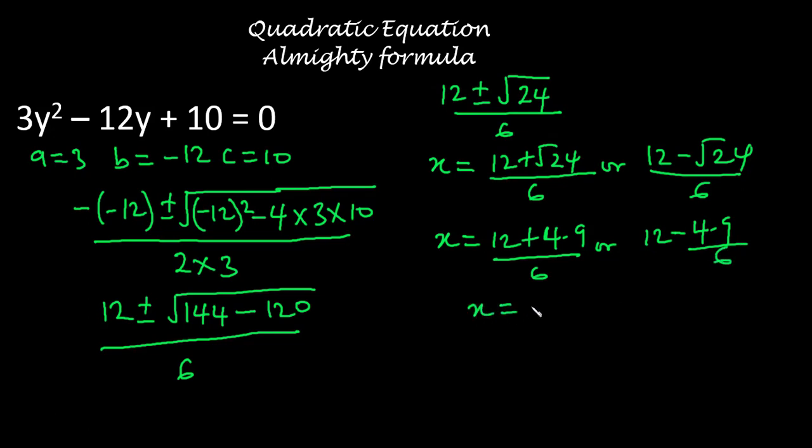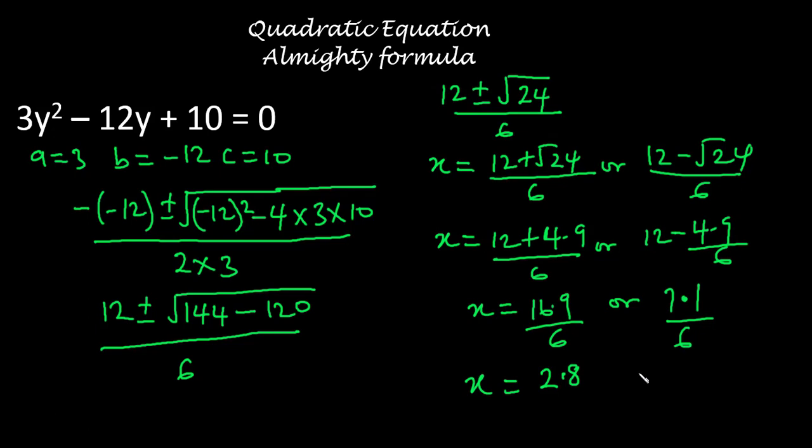So our x is equal to, when you do this, you have 16.9 over 6, or 7.1 over 6. So our x is equal to 16.9 over 6, that will give us 2, remainder 49, that should be 2.8.